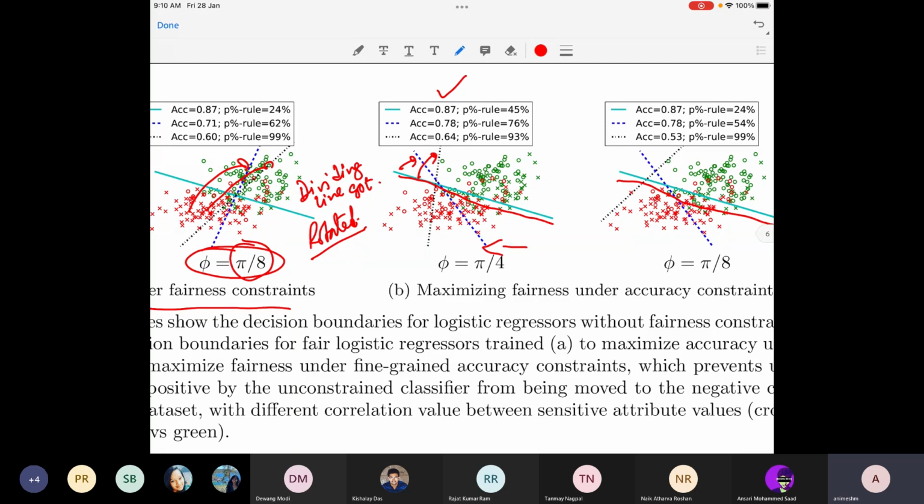So basically, in both cases, as we see, the decision boundary has been shifted and rotated.